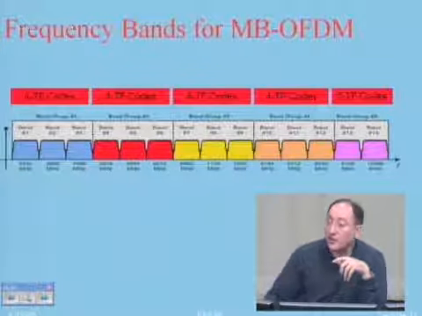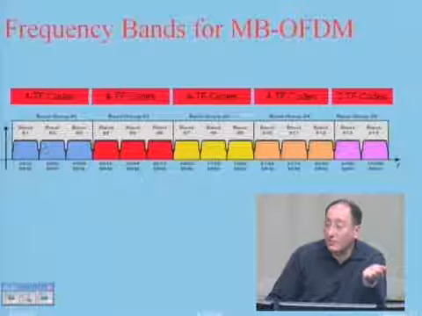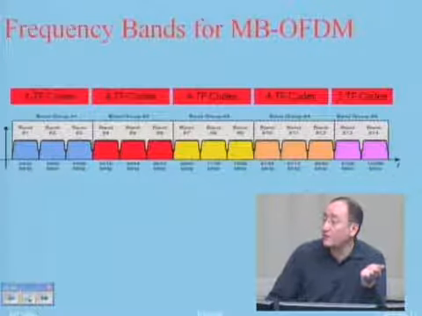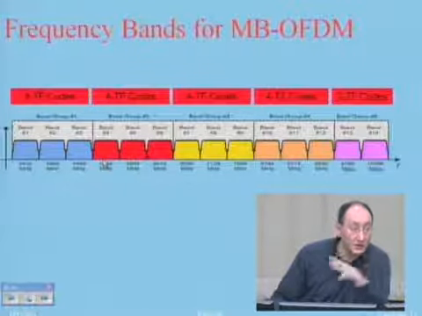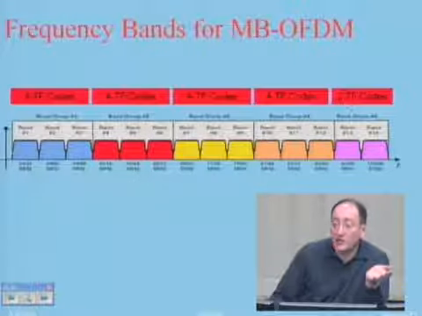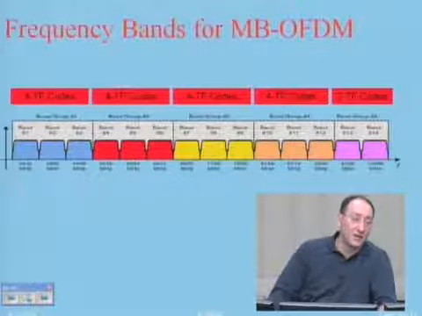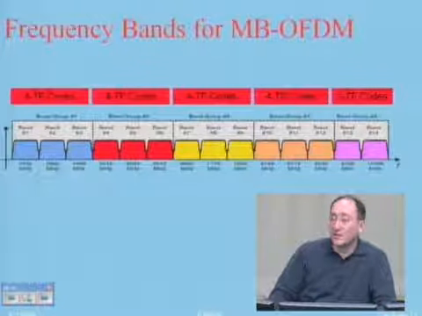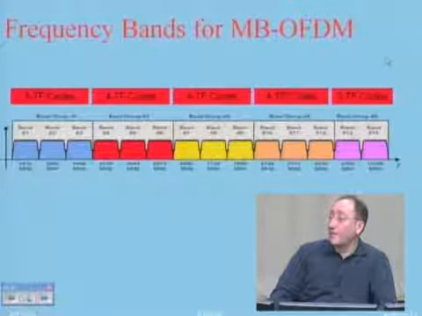In here, I have only 3 carriers or more that I'm jumping in. I can combine 2 of them. I can combine all of them. Up to 14 of them I can combine. And then jump between them. And each time that I jump, what do I do? I send one OFDM symbol. And that's it. That's the technology which is called multiband OFDM.